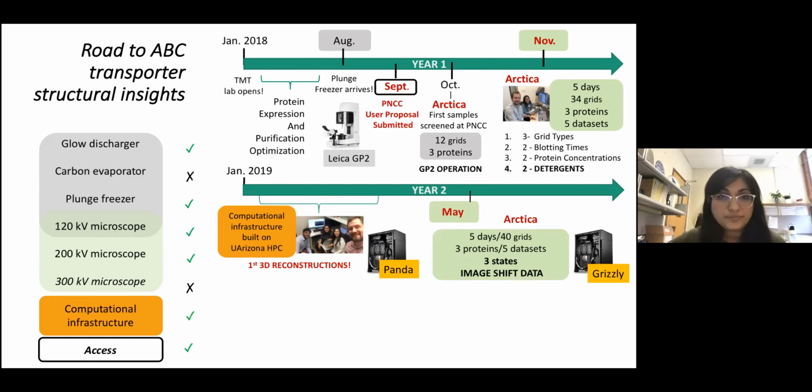So we went back in May to PNCC and collected another 5 data sets, this time using image shift data collection, which allowed us to increase the throughput, which was something we wanted to test, because what we found in our initial round of reconstructions was a lot of conformational heterogeneity. We weren't sure if that came from sample instability or from the caveats of studying ABC transporters. With this data in hand, we realized quickly we needed more computational power.